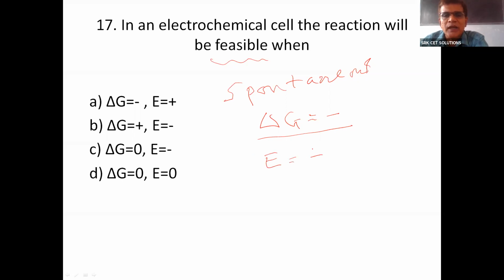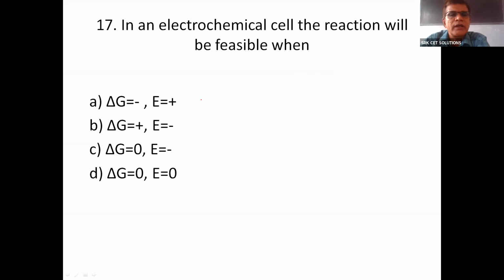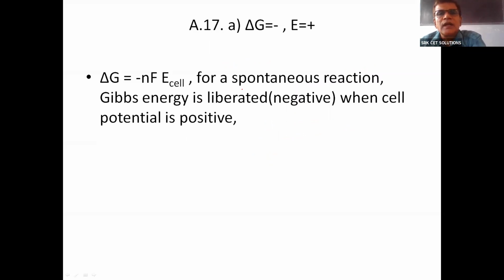If E is positive, then delta G naught will be negative. So look at that combination in this answer. Let's find out. Yes, delta G is negative, and the potential of the cell E is positive. That is on the basis of delta G equals minus nF E cell.